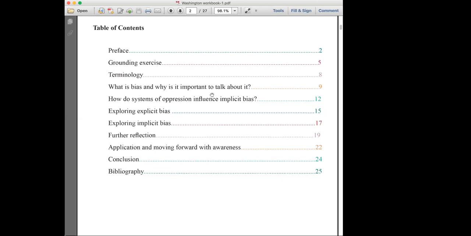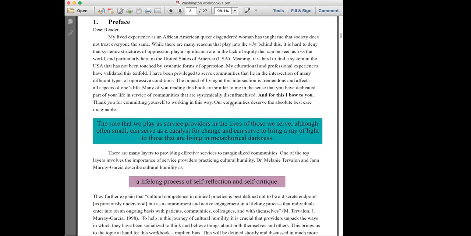One of the things that you're going to note as you're reading the preface section is this idea that everybody has implicit bias. Everyone including you, everyone including me. For me, there's something actually reassuring about that, normalizing the idea that we all have inherent biases.